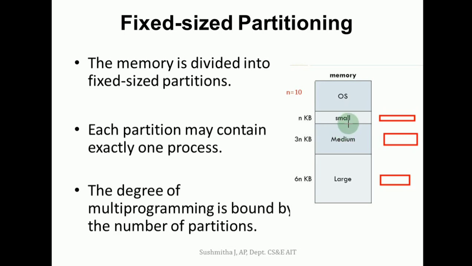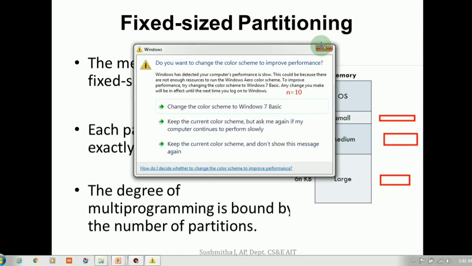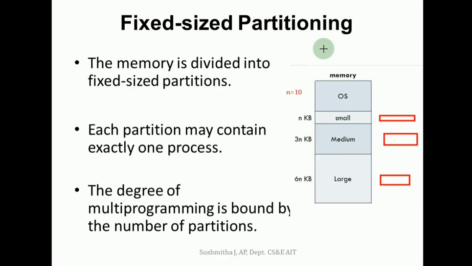Just to give you a realistic example, a clothing manufacturer manufactures clothes generically in different sizes. So the same is here. We have processes of different sizes. So according to that, they may be fitting into one of these partitions.